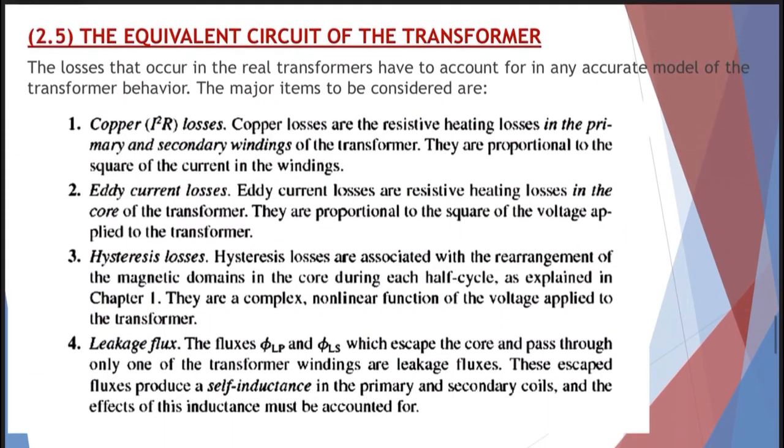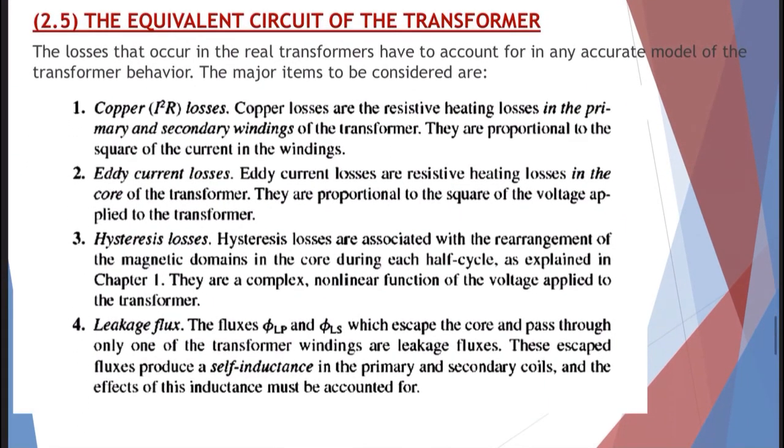Last section in this chapter, section 2.5, the equivalent circuit of the transformer. The losses that occur in real transformers have to be accounted for in any accurate model of transformer behavior. The major items to be considered are: number 1, copper I squared R losses.